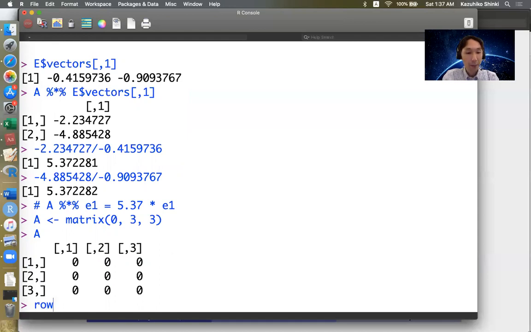The rownames function can define the row names of A. For example, the first person, Alex, the second person, Bob, and the third person, Chris.